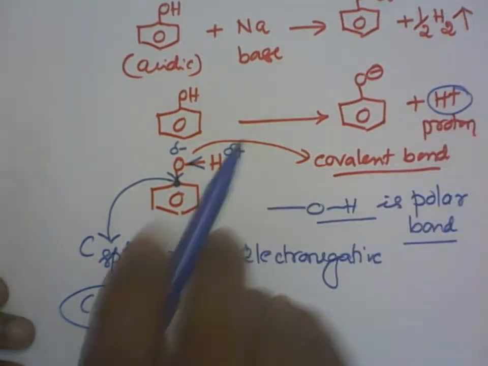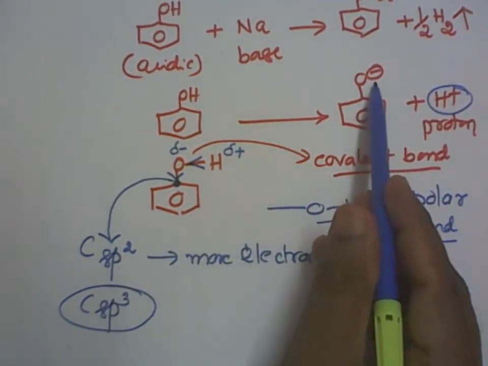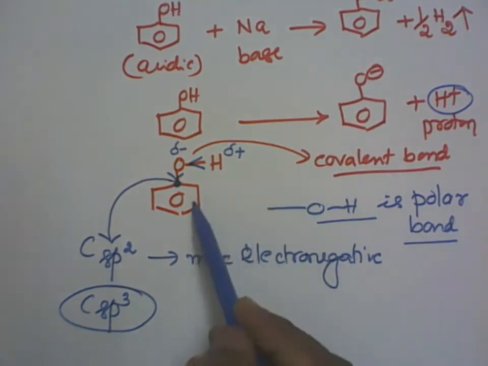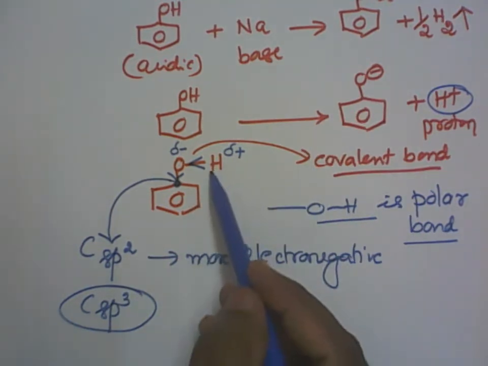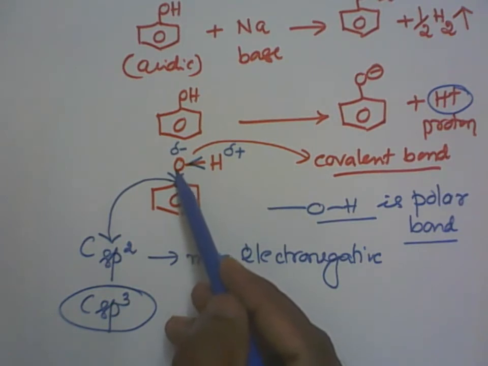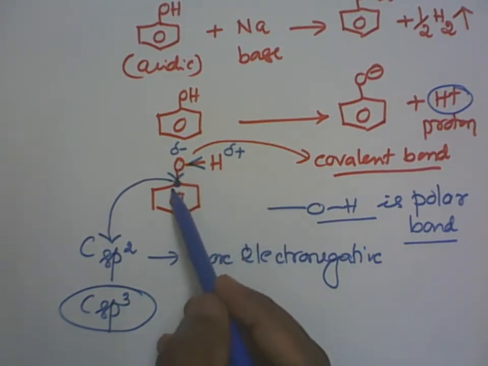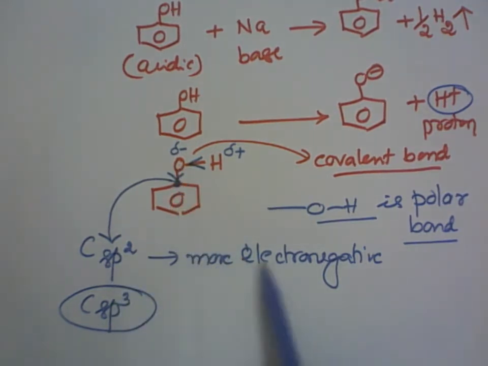The negative charge remains on the oxygen atom. So this is the reason why H plus is released in the solution: because of the more electronegative oxygen, which is also connected to the more electronegative carbon atom, which is sp2 hybridized. Clear?